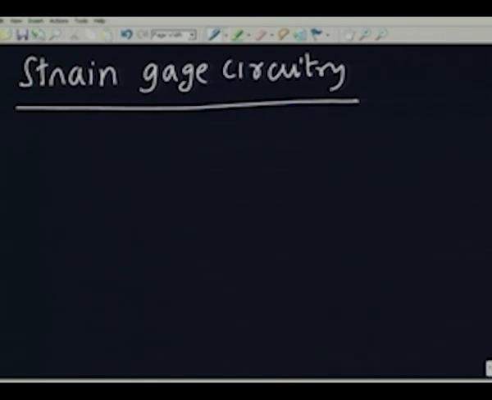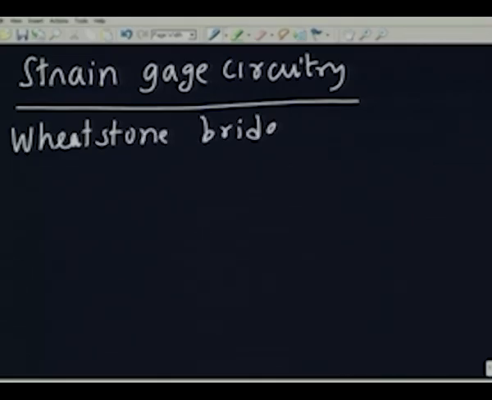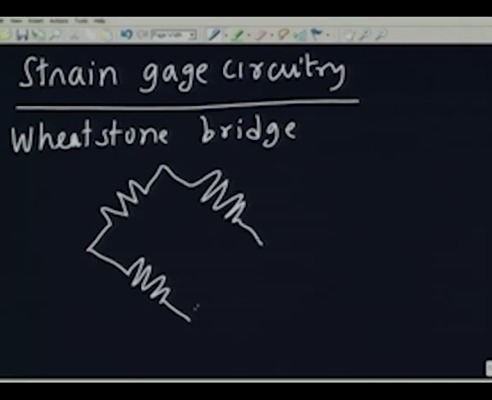So, basically what we are going to do is to use a Wheatstone bridge, which is very familiar to us. Let me just give a brief idea about how it is going to be used. We have 4 resistances. We have already seen some of these kinds of things in the case of temperature measurement also.